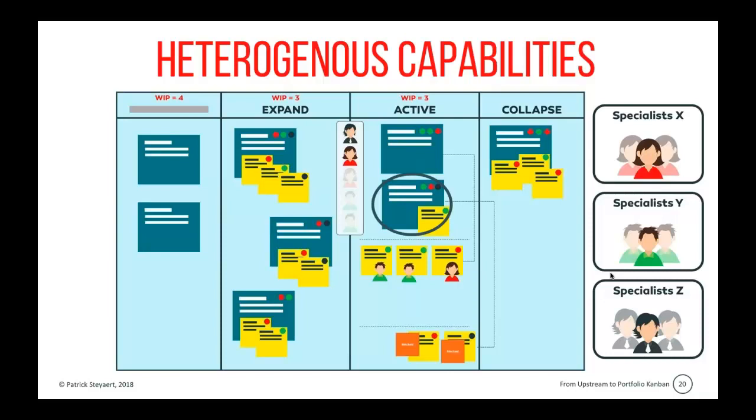We finish the work items for red and black, but those work items get blocked because we're still waiting for the green competency to finish the green work item. And until that work item is finished, red and black are blocked. So that's a situation that we want to avoid at all times.